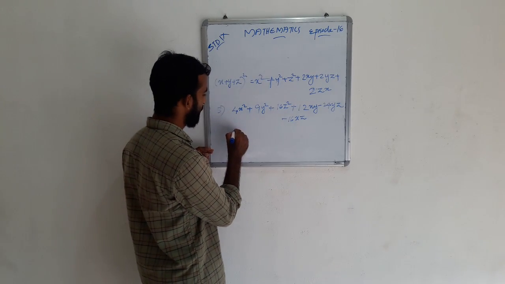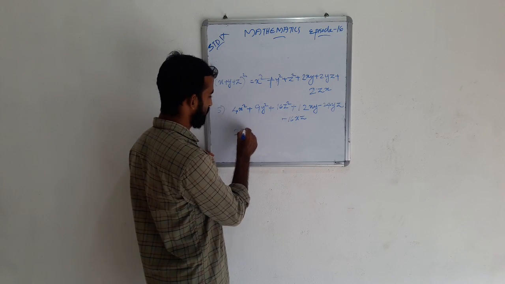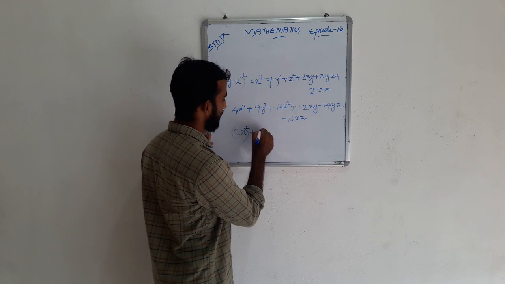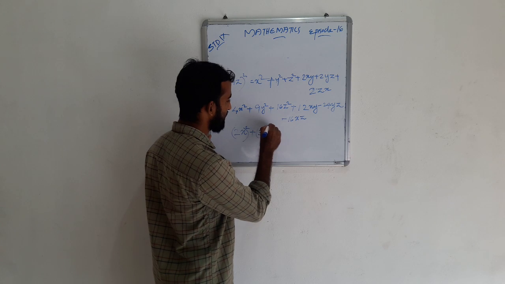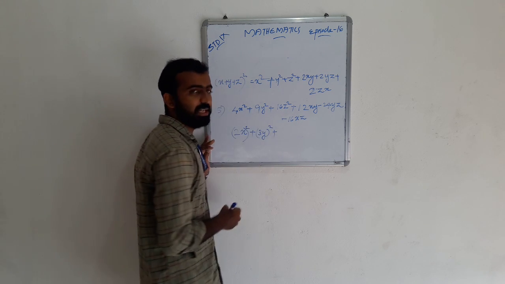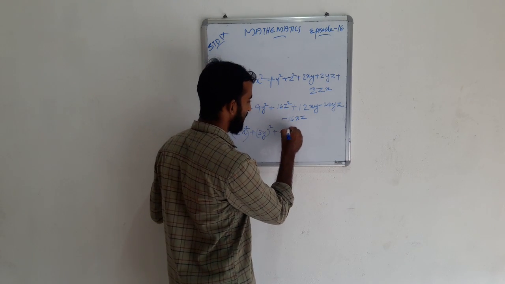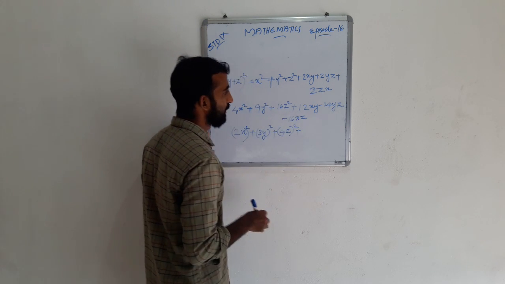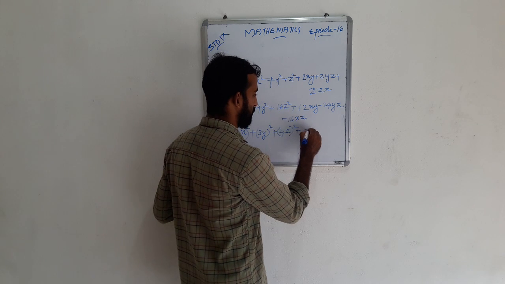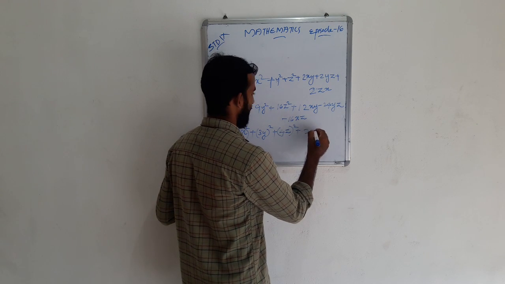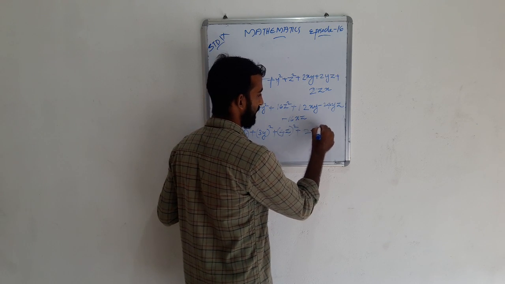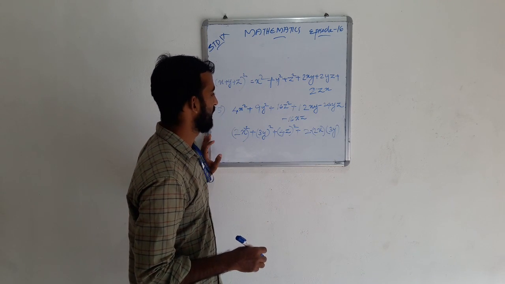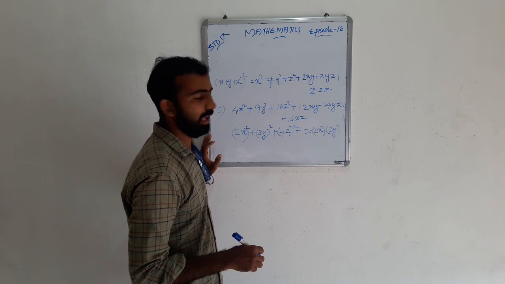Here we can write 4x square means 2x the whole square, plus 3y the whole square, plus 16z square means 4z the whole square, plus 2xy, 2 into 2x into 3y. Is it? Yes.